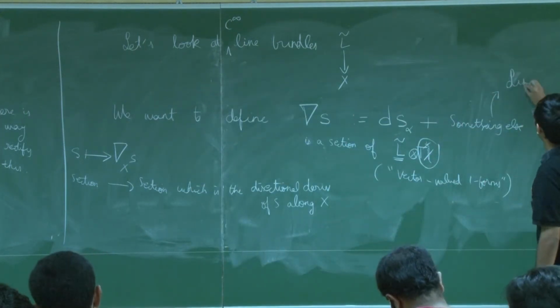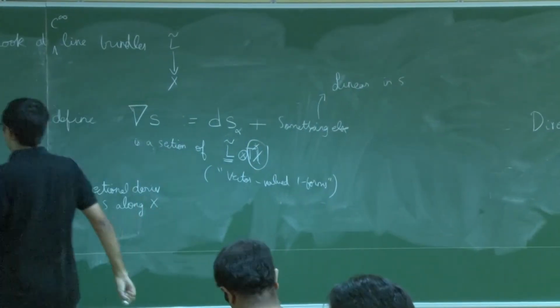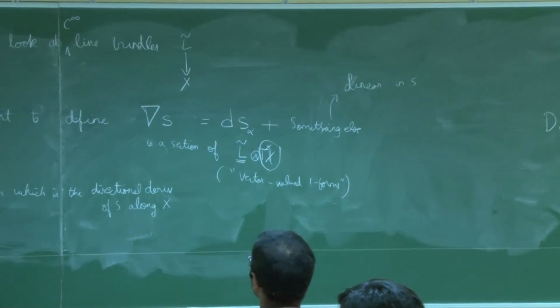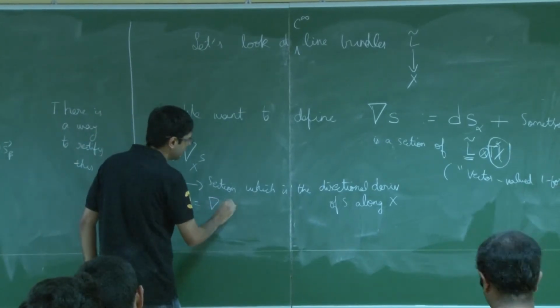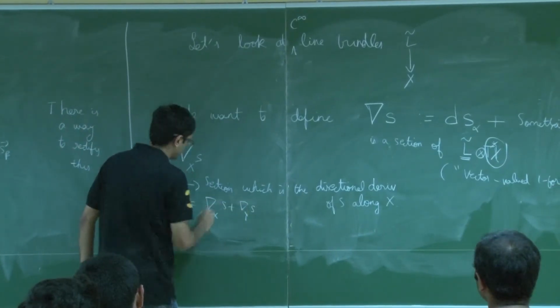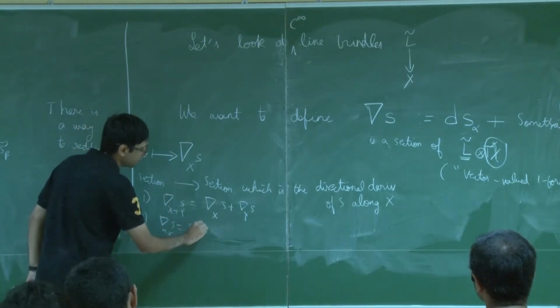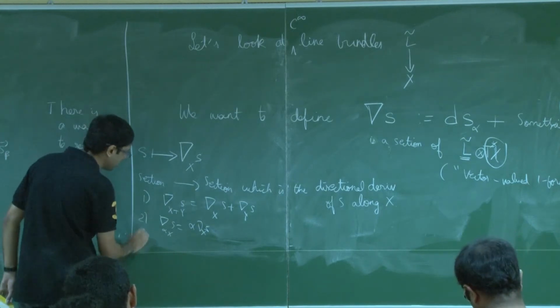Now there's something else here. It should be linear in S. In what sense? Well, what properties do we want here? Firstly, if you add two directions, you better require this. It should be linear in this, for sure. And what else would you require?